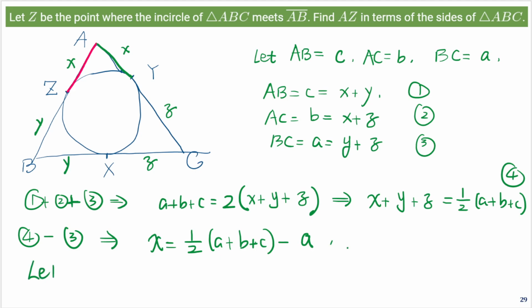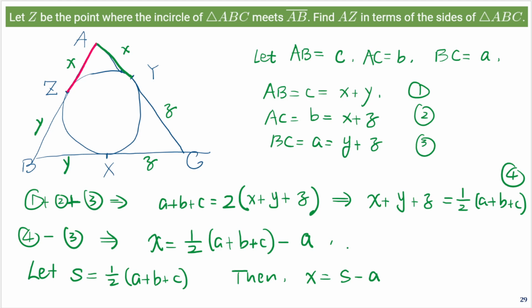Usually we use the letter S to denote half of the perimeter of triangle ABC. If we let S equal 1/2 of A plus B plus C, then we know that X equals S minus A. Did you get it? Where S is the semi-perimeter, or half the perimeter of the triangle.